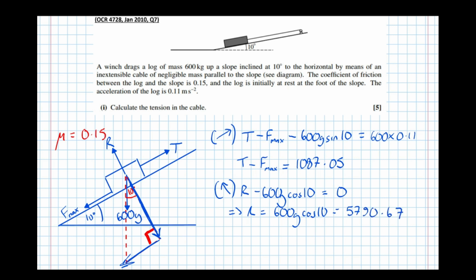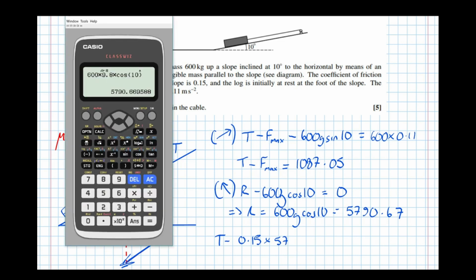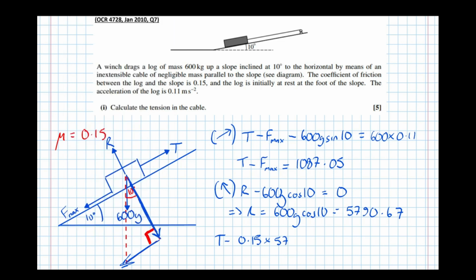Almost there. So we know that F equals mu R now, and we're given the coefficient of friction. We wrote down earlier that it was 0.15. So let's use the first equation, T minus F max. So T minus mu R. Mu is 0.15. R we've just worked out to be 5790.67.